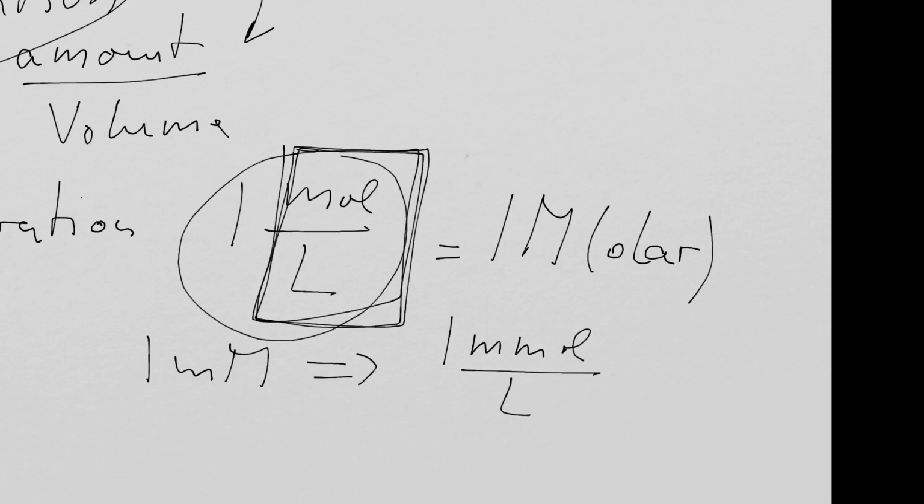Please write it as a capital M and not as lowercase m, because lowercase m means meter. And then very often things go terribly wrong, because when you multiply meter with a volume, you end up with something to the power of 4, meters to the power of 4.